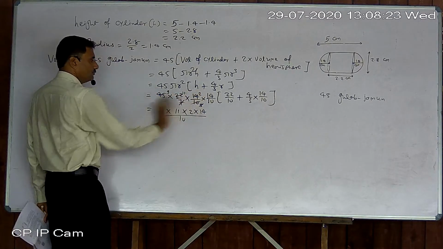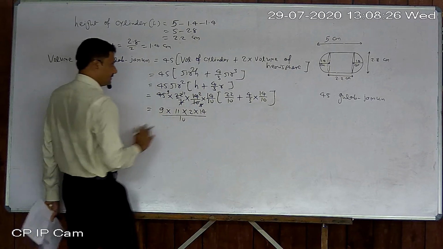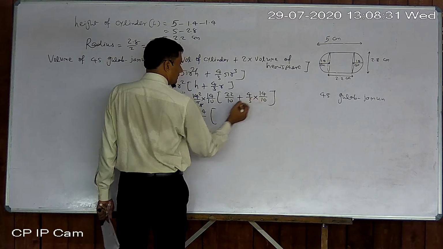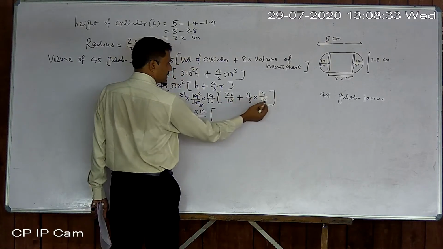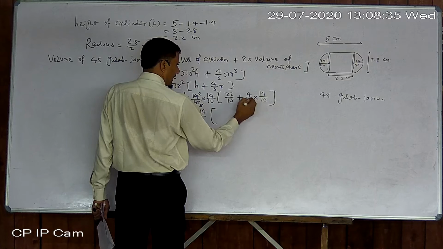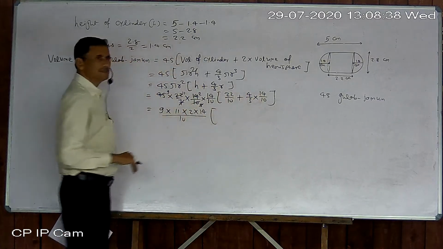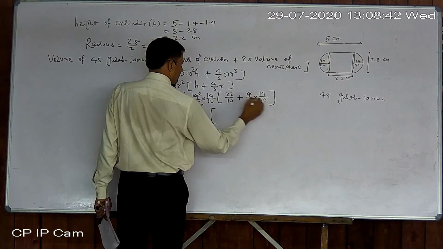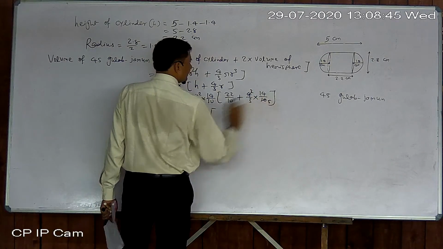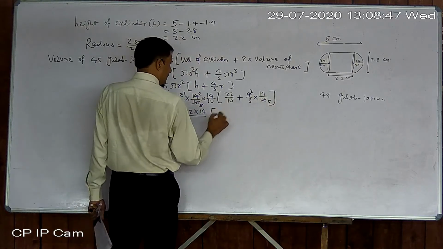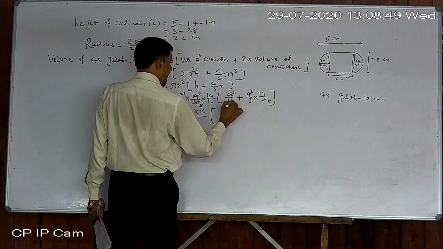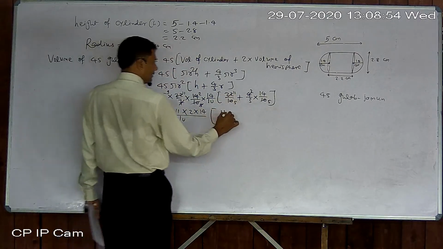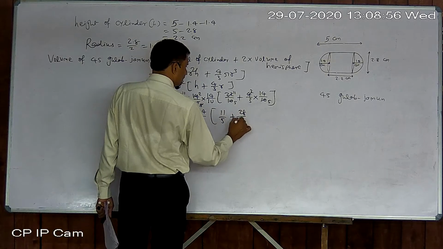So 9, 11, 2, 14 left, and the denominator only 10 left. Here I don't want to cut because 30 is there, so I keep it as it is. Just cut 2 and 5. And here is 11 into 5, so 11 upon 5. By 2 only I cancel out, and here is 28 upon 50.